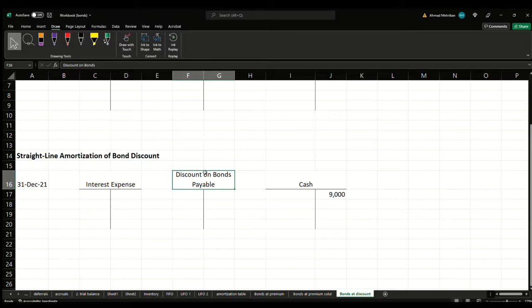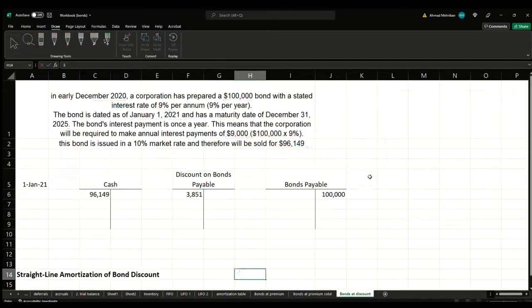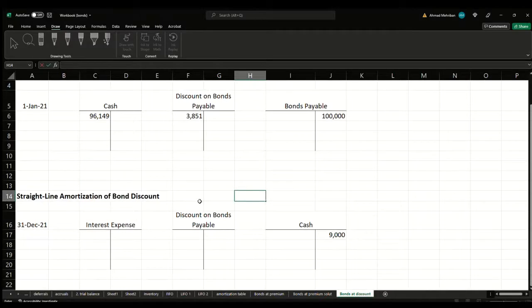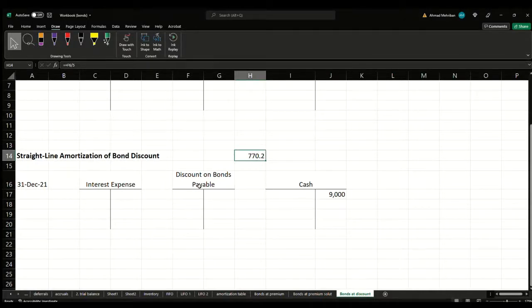So we're going to divide 3,851 by 5 years, and that's going to give us exactly 770.2 of amortization on discount on bonds payable, and that's going to be recorded on the credit side. 770.2 will be recorded there, and interest expense is going to be recorded on a debit side of the total amount between this 9,000 plus 770, and that gives us 9,770 the interest expense.